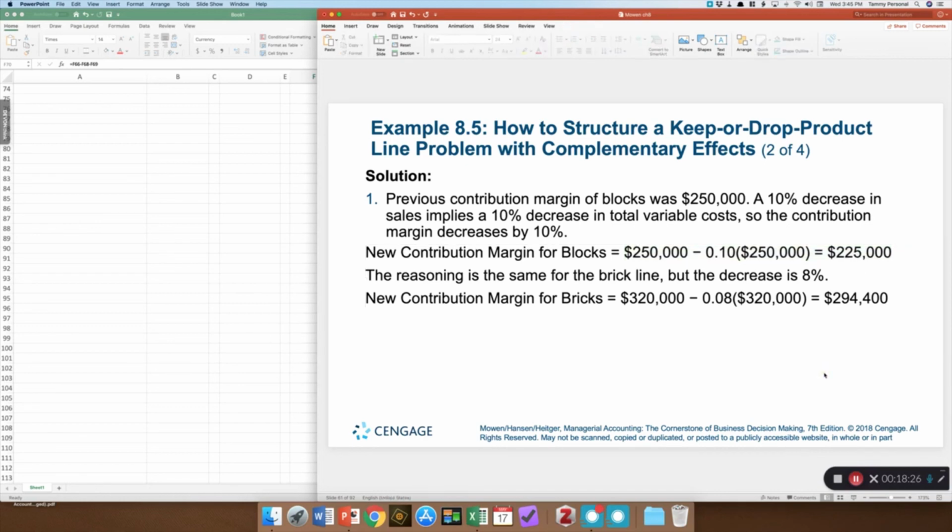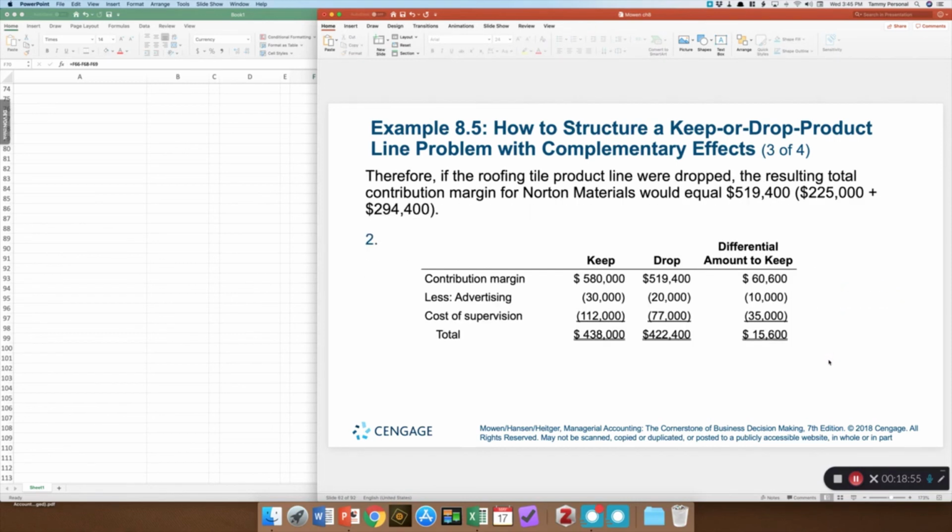Right, so now let's take a look at this. The bricks, okay, we had an original contribution margin for bricks of $320, and if we reduce that by 8%, now our total contribution margin for the bricks goes down to 294.4. So if we keep the dog of the tile line, right?